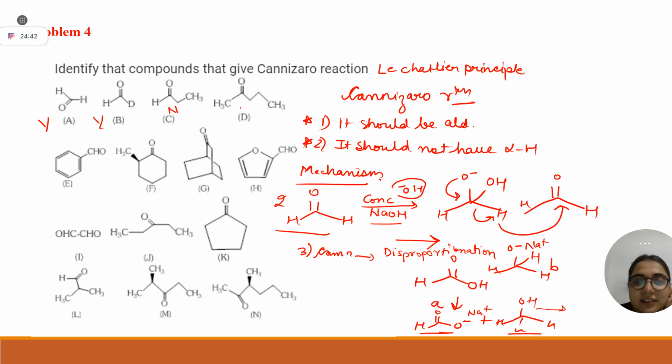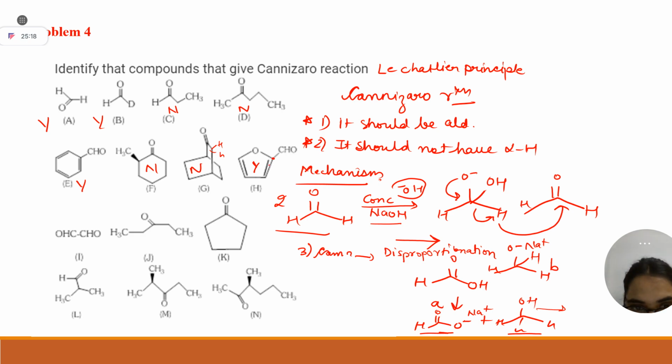D, no. Okay. E, yes. Okay, good. F, no. G, no, these are alpha hydrogens. So no. H, yes, because this is attached to this carbon, and this carbon does not have alpha hydrogen.